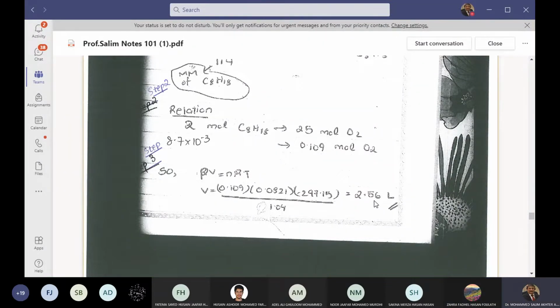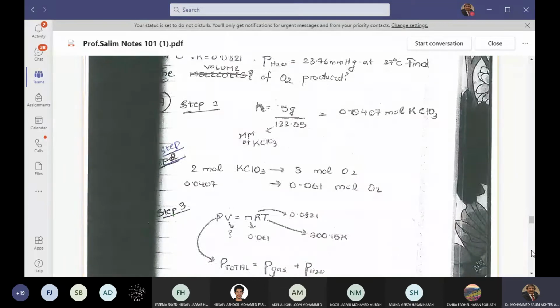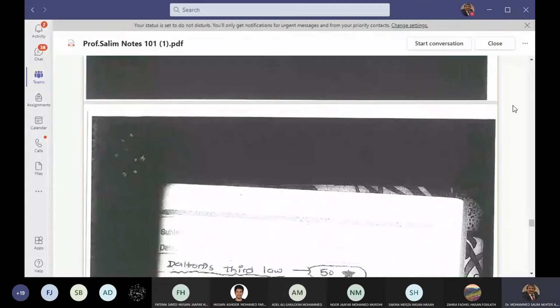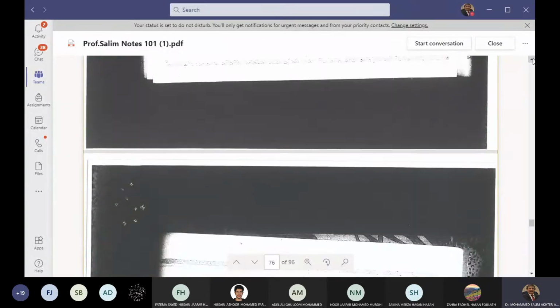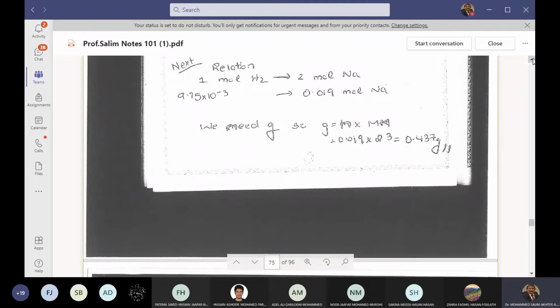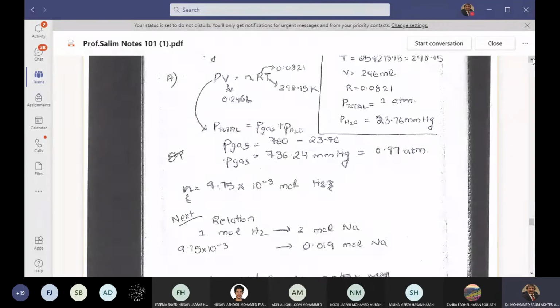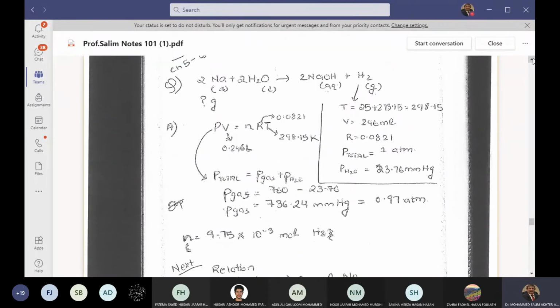I have a very similar example, but I did it at a later stage. Let me find if I can. This is on page 72. Please write it down. The third example, somebody brought it for me in the class and I did it.